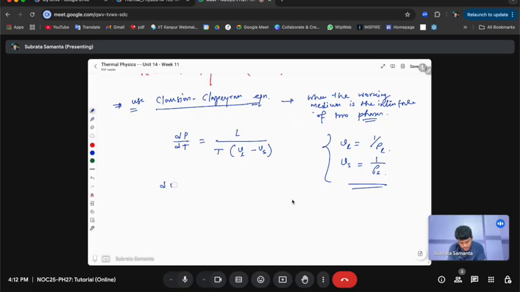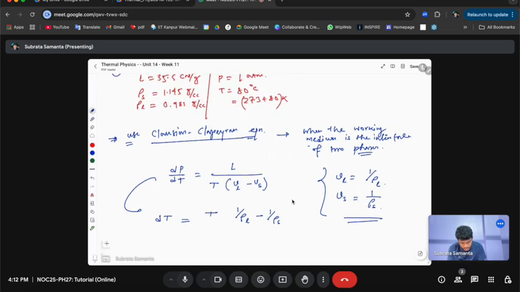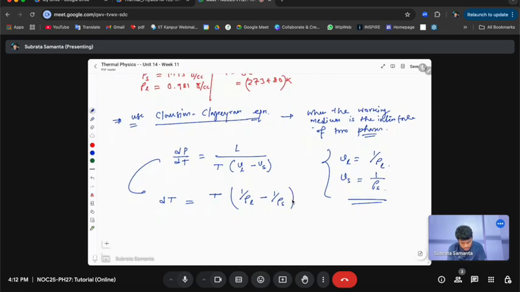So dT equals, from these equations, T times 1 over rho L minus 1 over rho S, divided by L, the latent heat, times dP, the change in pressure.